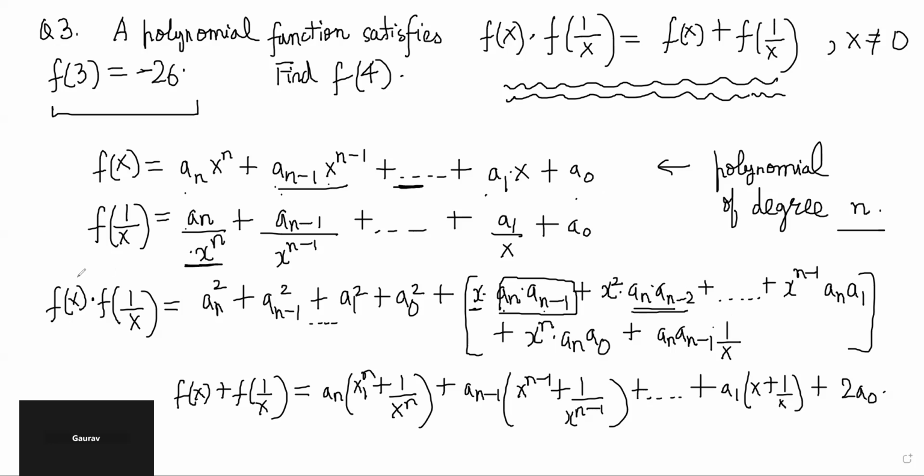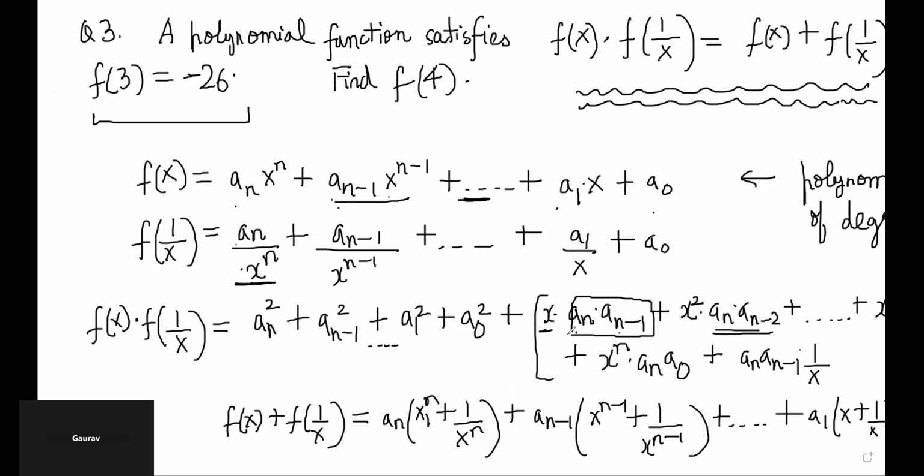If you notice, when you compare the coefficients, the two polynomials are equal. So you can compare coefficients, right? So let's compare the coefficients and see what we are getting. First of all, if you compare the x term here, you're getting an minus 1, twice of it, right?